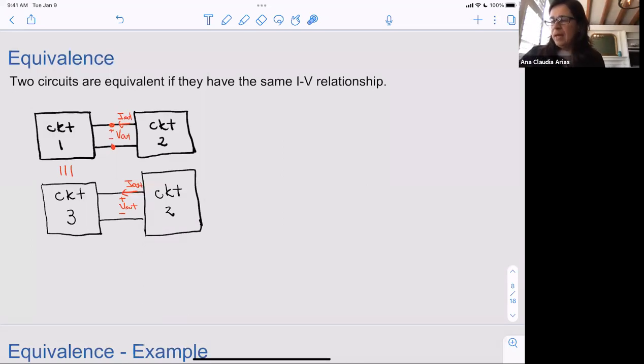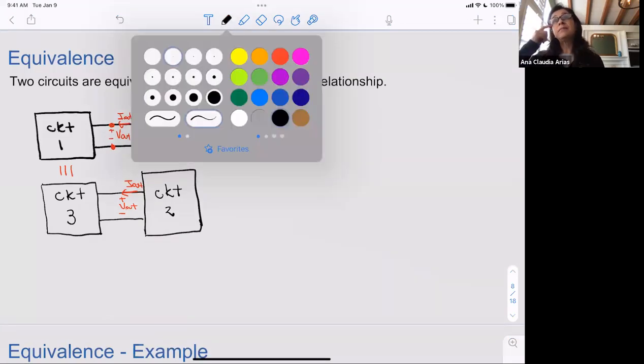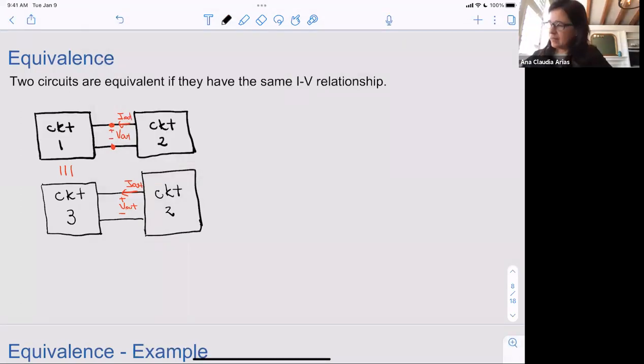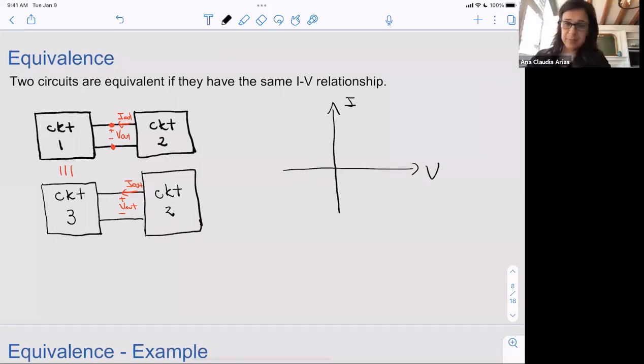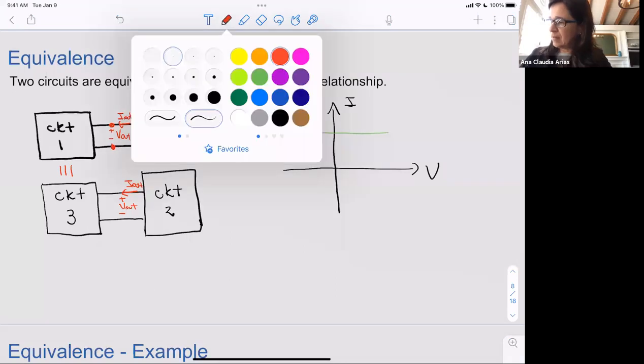Okay? Now, IV characteristics. The IV characteristics for a typical block, as we have done so far, the IV relationship could be several. We saw that in some cases, the IV characteristics is like this.